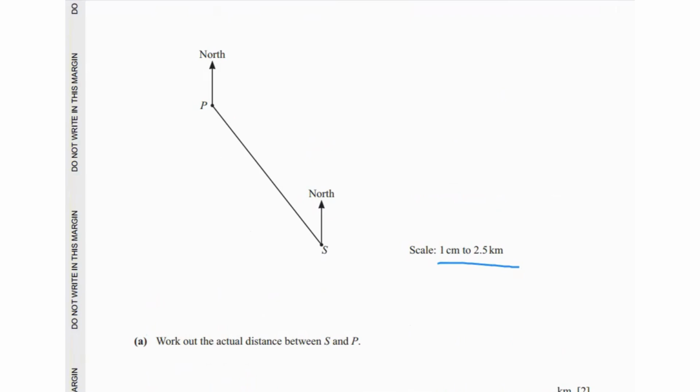So whatever distance value you get from your ruler, that will be in centimeters, so you multiply that by 2.5 to get the actual distance. And remember, the actual distance will always be in kilometers because that's going to be bigger compared to the distance given on the map, because the map is like a small representation of the actual thing. So just multiply your measured distance by 2.5 to get the answer.